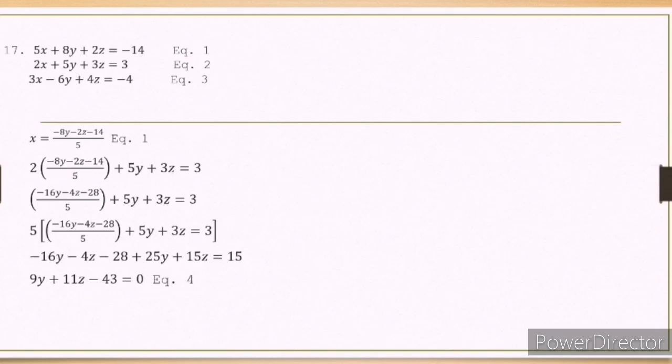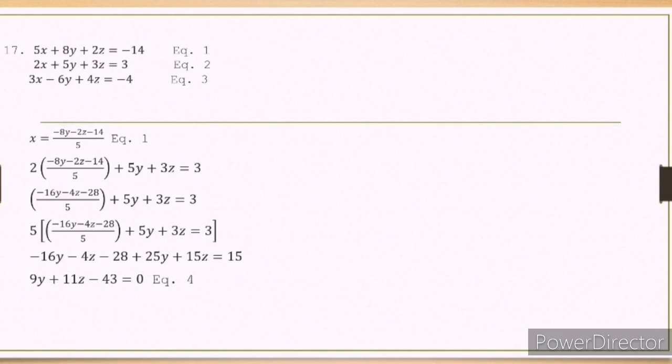Next is to distribute 5 to cancel 1 over 5. So 5 times negative 16y minus 4z minus 28 over 5 plus 5y plus 3z is equal to 3. So 5 times 5y is equal to 25y, 5 times 3z is 15z and 5 times 3 is 15.